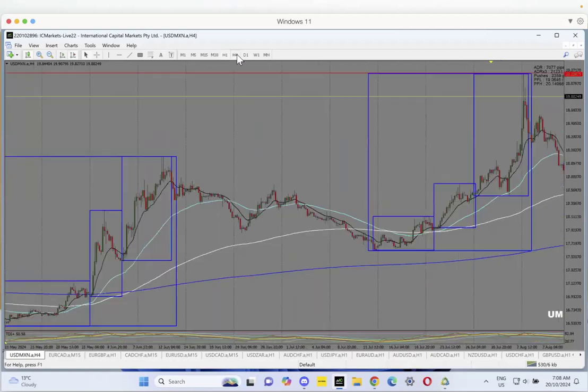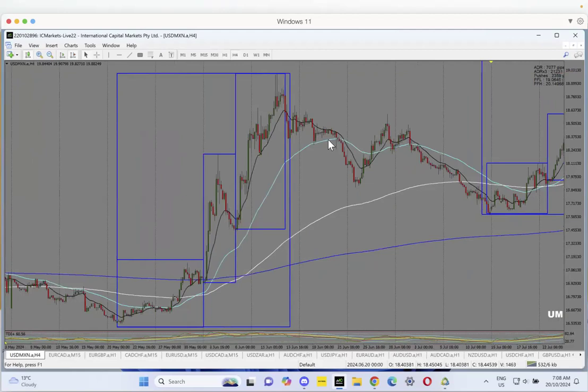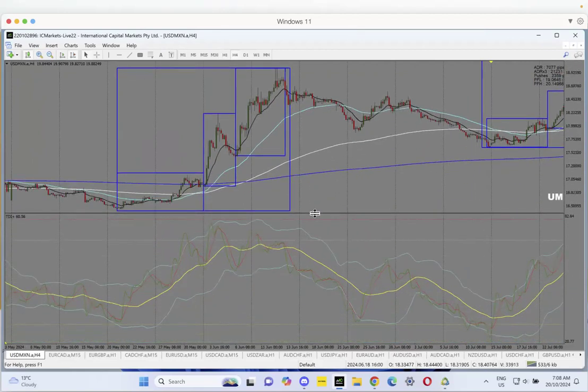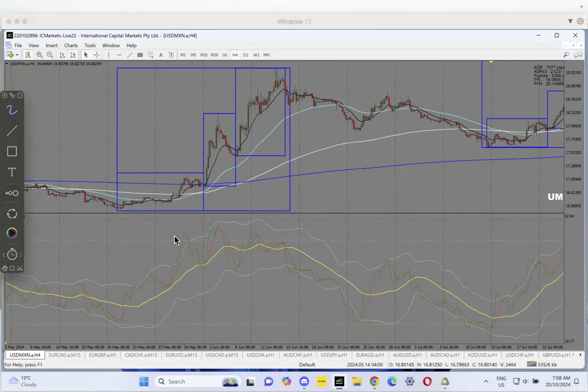Before we move to H1, another thing that will also help you remember where peak formations or reversals form is at shark fin levels. I'm going to show with the pen. You can see right there, we've got a shark fin, and that is the same spot where price started to retrace.